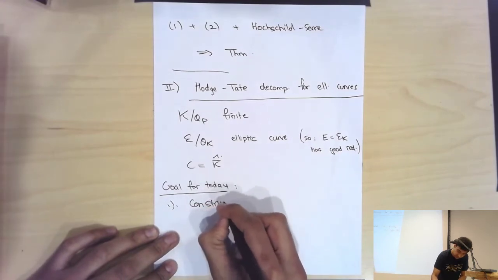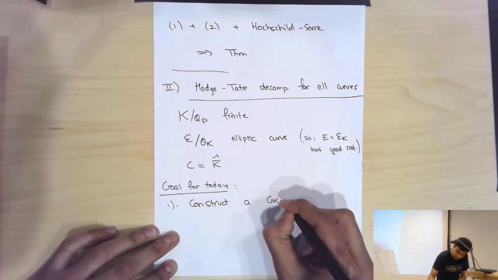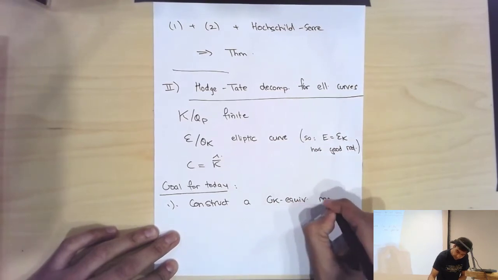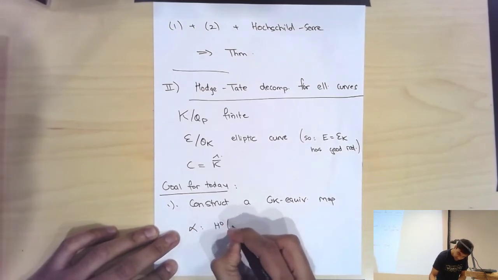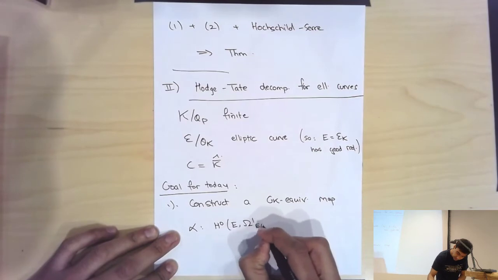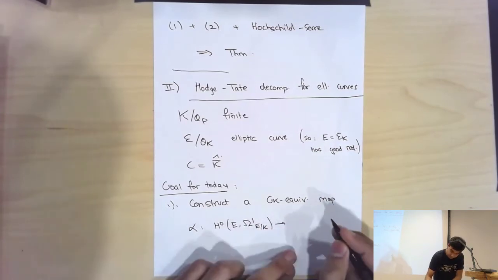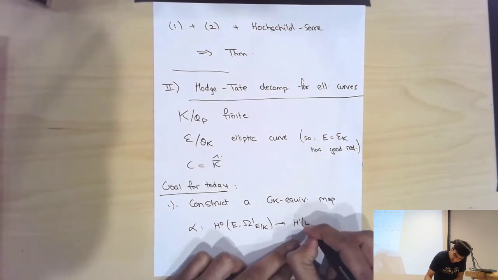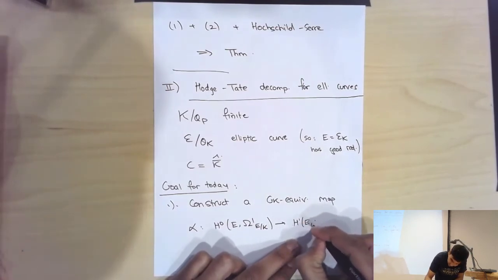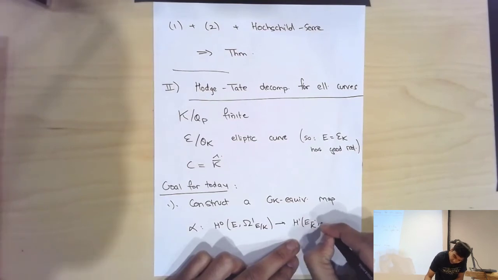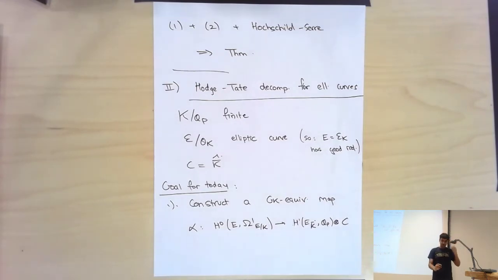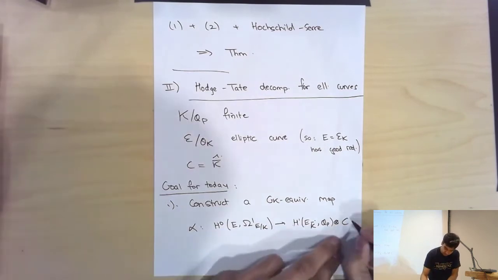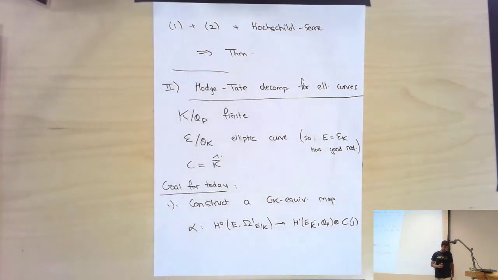So construct a Galois equivariant map, which I will call alpha, which goes from one forms on the elliptic curve to the étale cohomology of the elliptic curve over K bar with coefficients in Q_p, tensored with C. But then if you remember the Hodge-Tate decomposition, there was a twist on the one forms, with the twist of minus 1. So if you move it over to the other side, the twist becomes a plus 1. So we want a map like this.